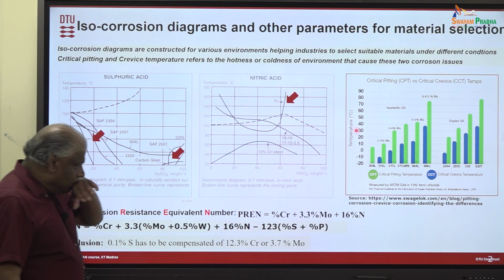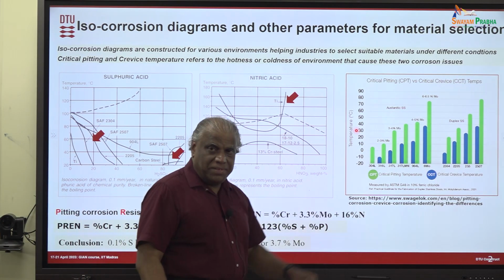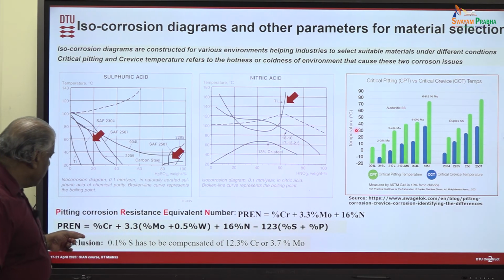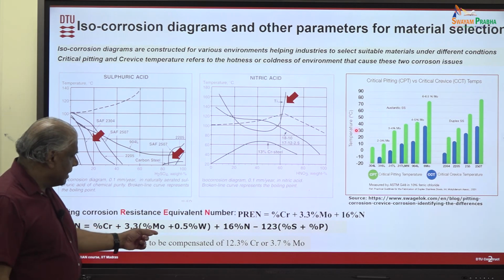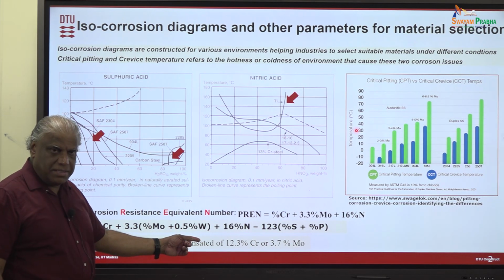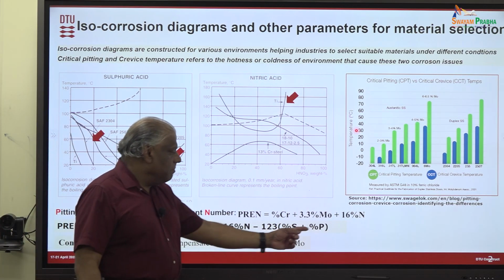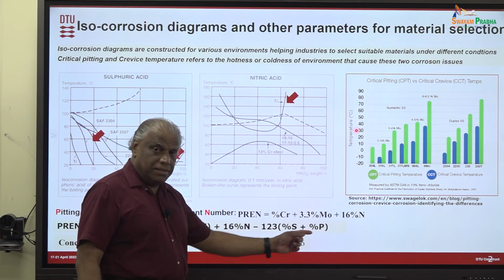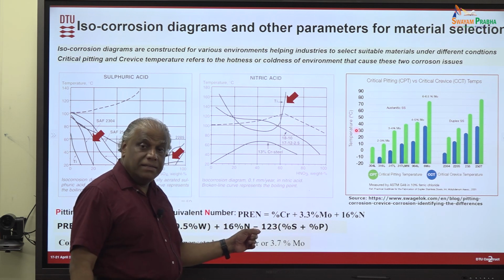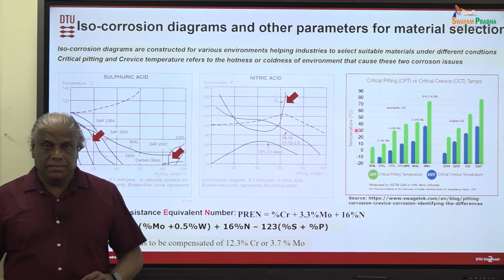The first equation was chromium, molybdenum with nitrogen. Now they have also expanded that: chromium, molybdenum is added, tungsten, there is sometimes a little bit of tungsten in the steel, nitrogen, and these are the impurities in the steel which we don't want. That's why it comes with a minus sign, and that is also added.